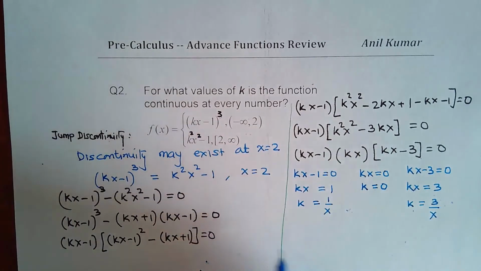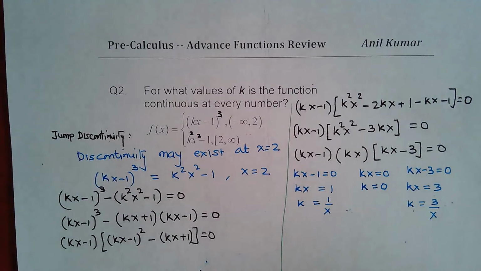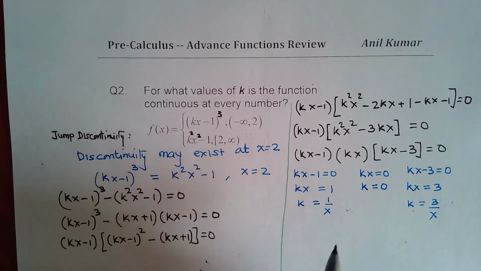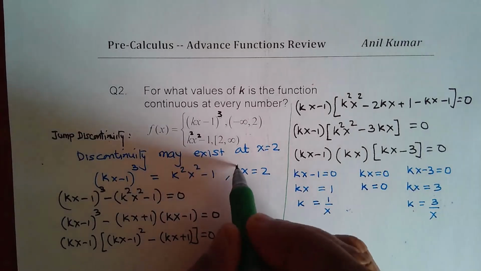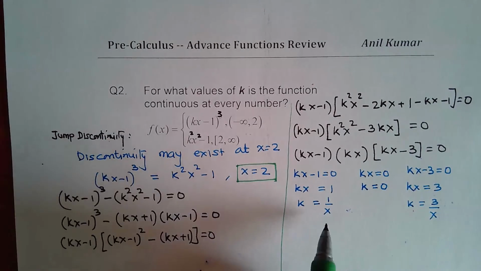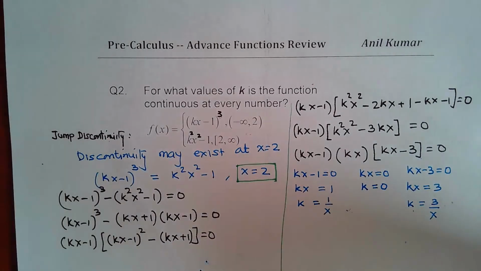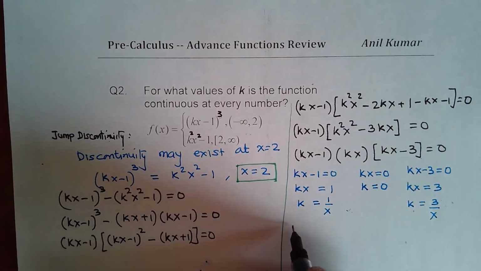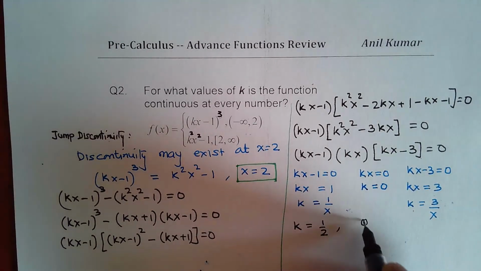Now these are the general solutions which we have provided. What are we looking for? We are looking for x equals to 2. So let's substitute in these cases and get our answer. So the value of k is either half, or it is 0, or 3 by 2.